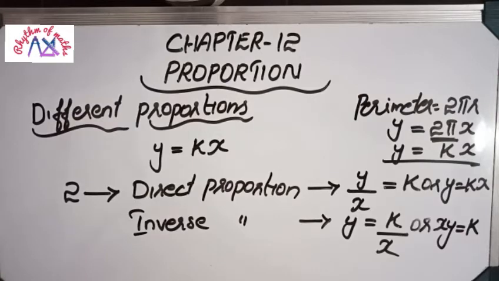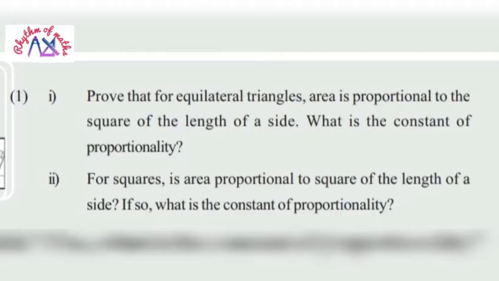Last activity, page number 189. Here is your first question. Prove that for equilateral triangles, area is proportional to the square of the length of a side. What is the constant of proportionality? Second sub question: for squares, is area proportional to the square of the length of a side?